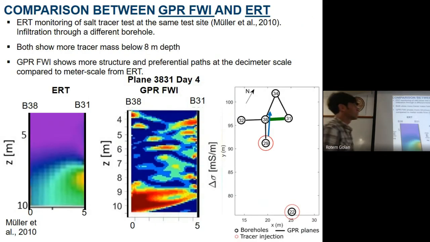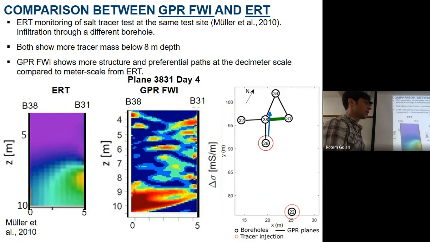And we also want to compare results that we got from my monitoring with GPR full waveform inversion to the very common method of ERT monitoring. In the same test site, there was a saltwater tracer test in the past, which recovered the electrical conductivity in ERT, and this is for my experiment with GPR full waveform inversion.